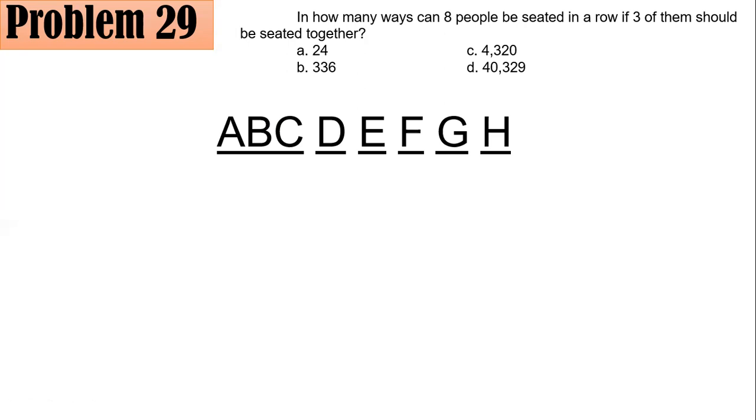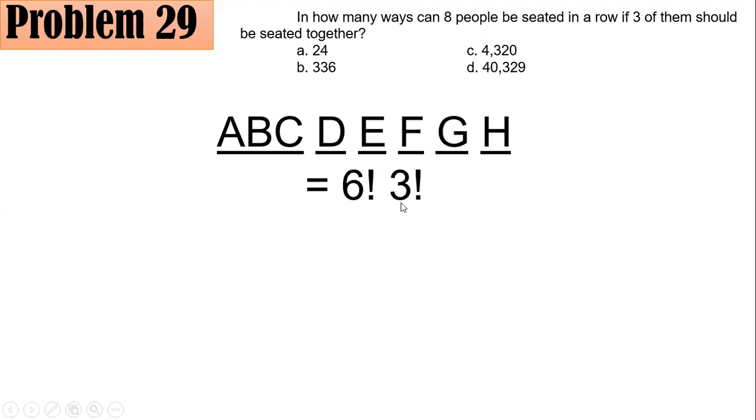So we have 1, 2, 3, 4, 5, 6, and that's 6 factorial, which means 6 times 5 times 4 times 3 times 2 times 1. This 6 factorial is the number of ways for 6 slots to be arranged in a row.